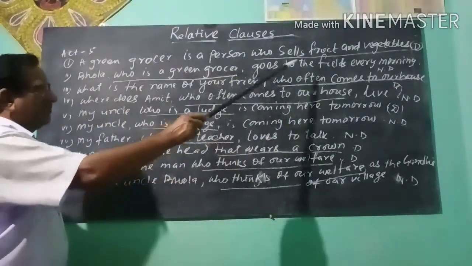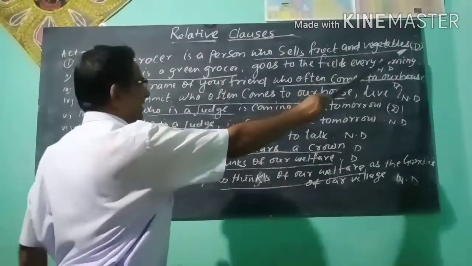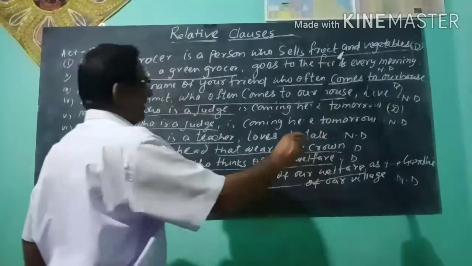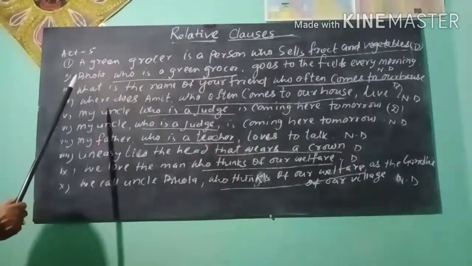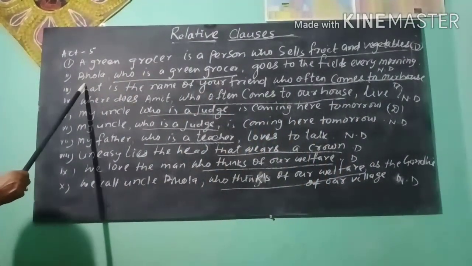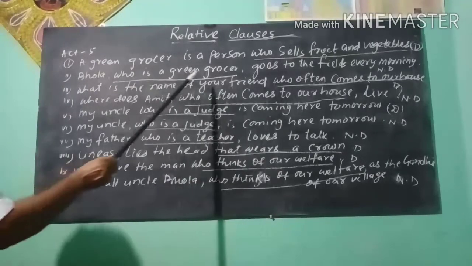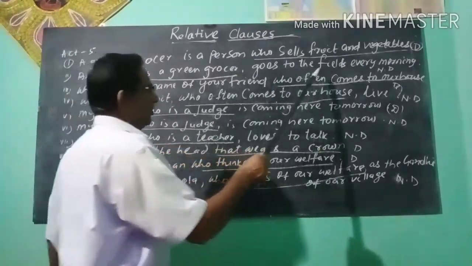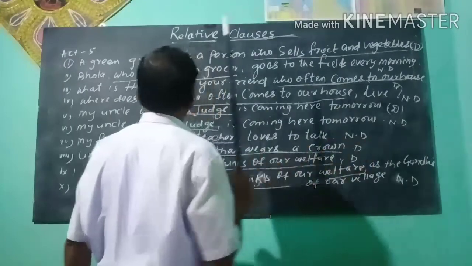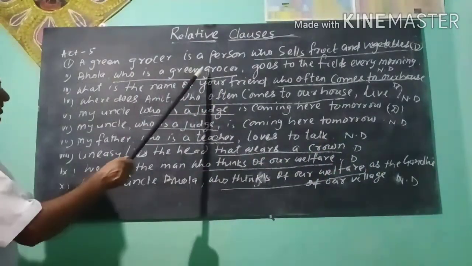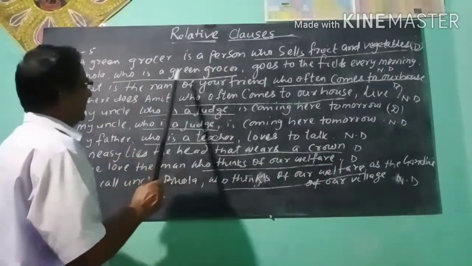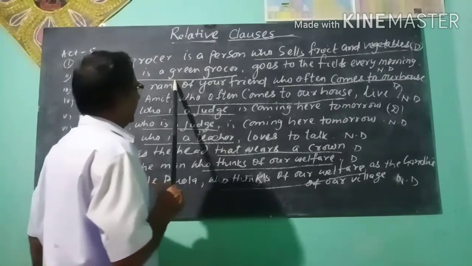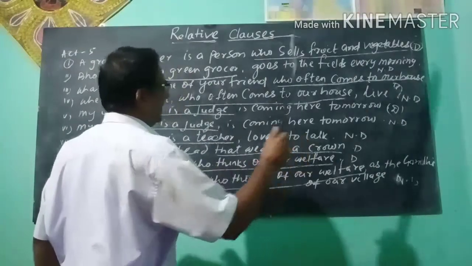Who sells fruit and vegetables is a defining relative clause. Next, Voila, who is a greengrocer, goes to the fields every morning. Who is a greengrocer? Relative clause. It is a non-defining relative clause.